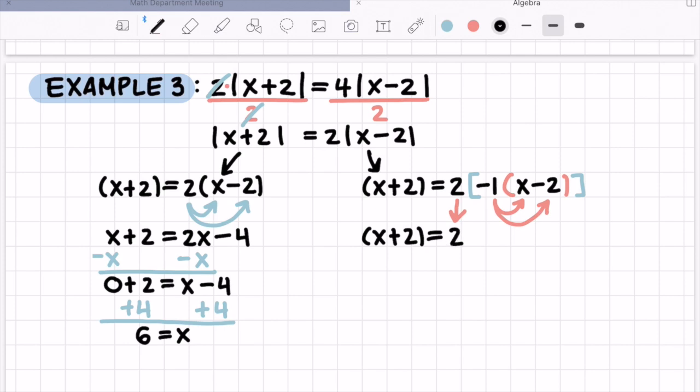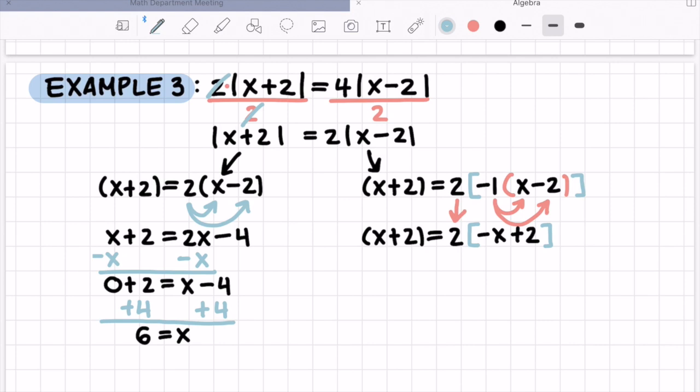And I'm going to use those brackets again because I still haven't done anything to the brackets. I've only done things to whatever is inside my parentheses. And so I'm left with negative 1 times x, that equals negative x. And negative 1 times negative 2 gives me positive 2. And then I'm going to close my brackets again.